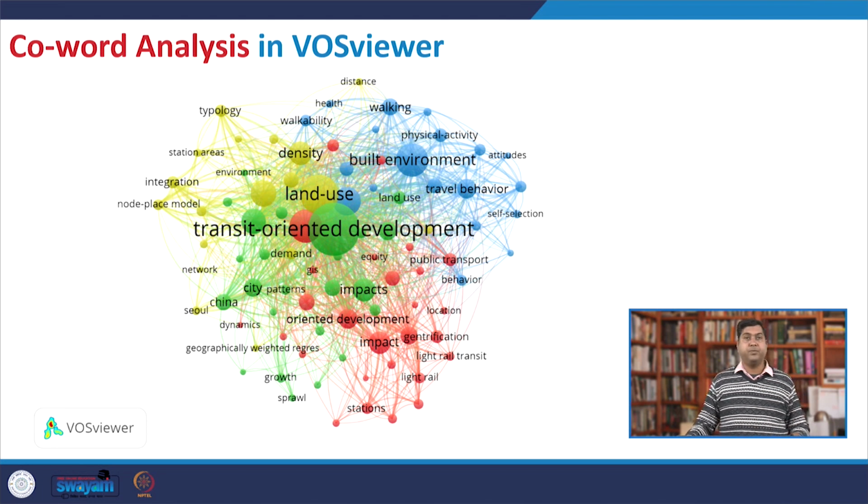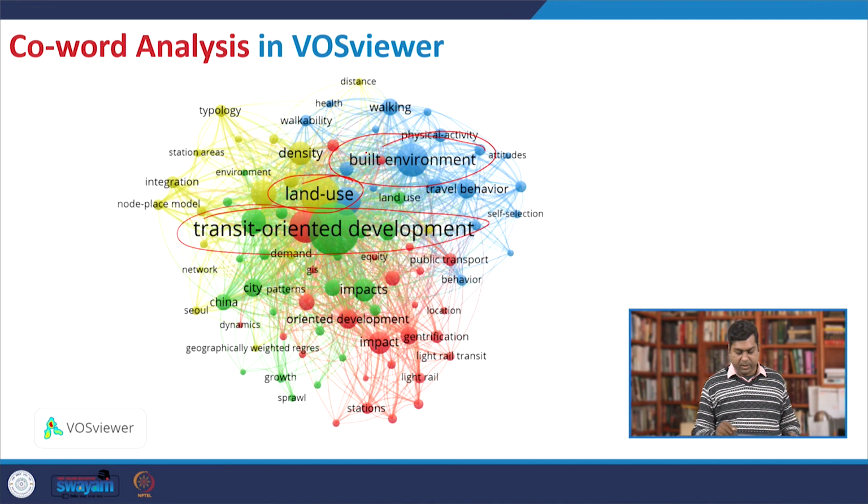Now, say for example, after analyzing the co-occurrence, the topic is transit oriented development, and this is the overall clustering or thematic areas that come up. So, transit oriented development is one theme, then you can have land use, built environment, and also impact.